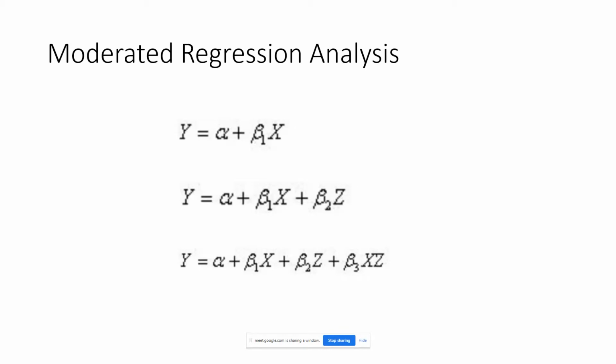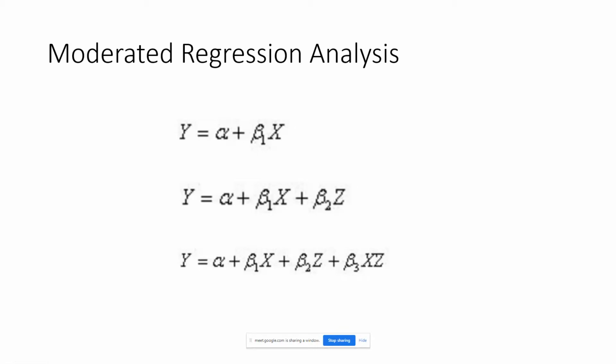In this equation, especially the third equation, if the interaction between the independent variable and the moderator, which is the xz, this one, is not statistically significant, then z is not a moderator variable.